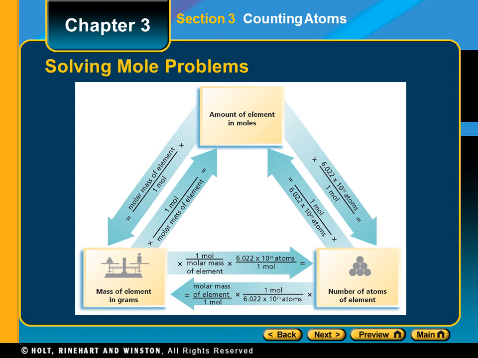It shows you what your conversion is going to be to go from mass in grams to amount of element in moles, or from moles to mass in grams, from mass of element in grams to number of atoms, from number of atoms to mass in grams, and from moles to number of atoms, and from number of atoms to moles. These are all the conversion factors. If you memorize these, which you're going to need to do once you have problems on tests, it may be very, very advantageous for you.